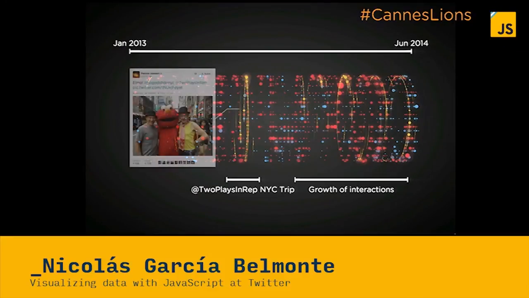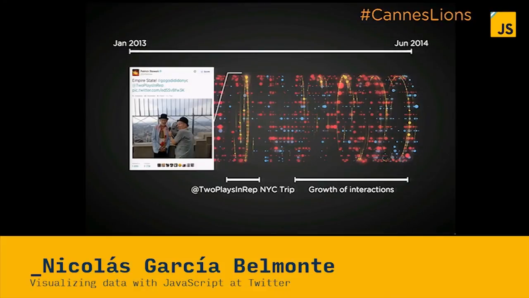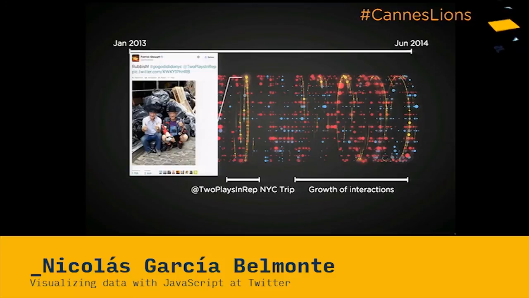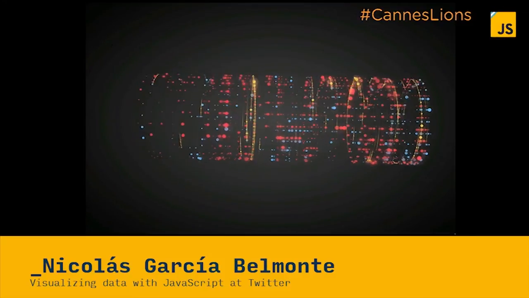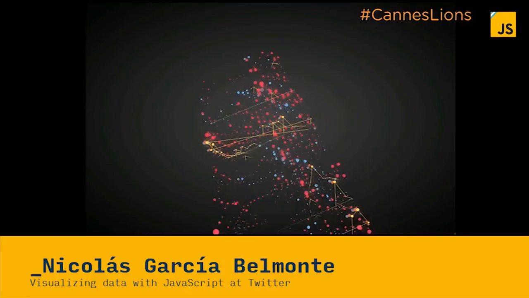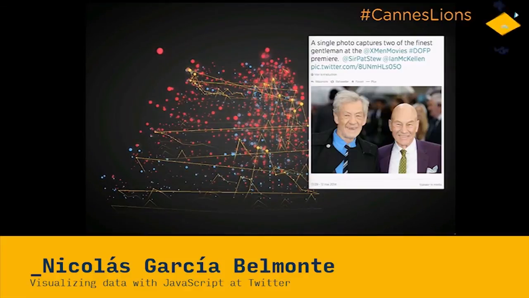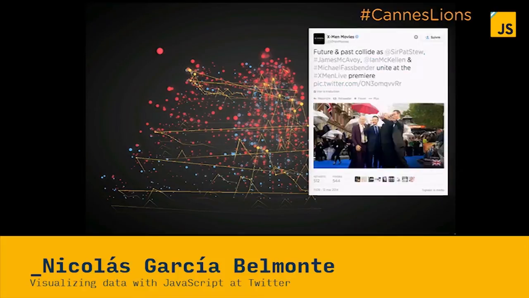We correlated this with a trip they made to New York City, where they were working on a play together, and then towards the end there were also a lot of mentions of both, because they were promoting the latest X-Men movie, and so you can see correlations of those things. So this is more for impact or eye candy, or I call it data illustration as opposed to data visualization or data journalism.